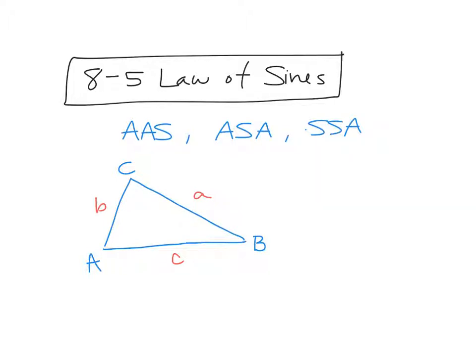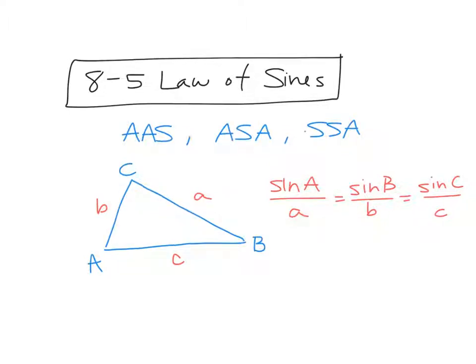In other words, I can say sine A over A will always equal sine B over B and sine C over C. Okay, so if I'm missing a piece, but I have AAS, ASA, or SSA, I can find the missing piece by using this setup, okay?